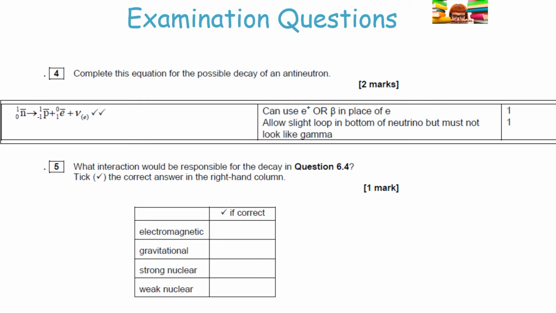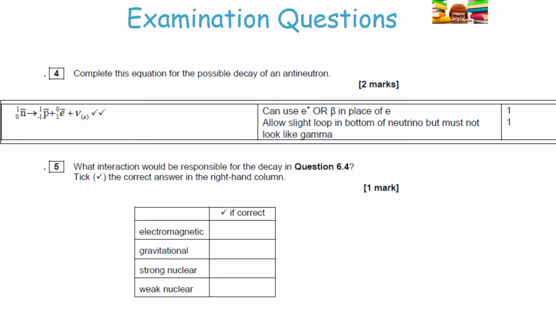Right, so what interaction is responsible for the decay? Here's an indicator. If the decay involves both hadrons and leptons, it's going to be the weak interaction. If it involves a quark changing flavour or type, it's going to involve the weak interaction. And if the strangeness isn't conserved, which isn't the case here, but that's just something to think about for later, it would also be the weak interaction.